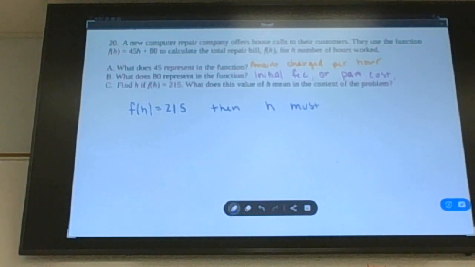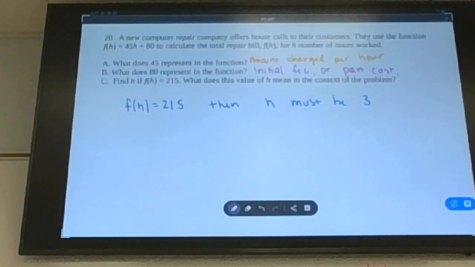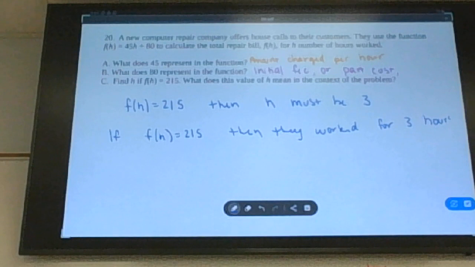Let's put more words to it. So you solved it. What does 3 represent? If f of h equals 215, then they worked for 3 hours. How'd you figure it out?